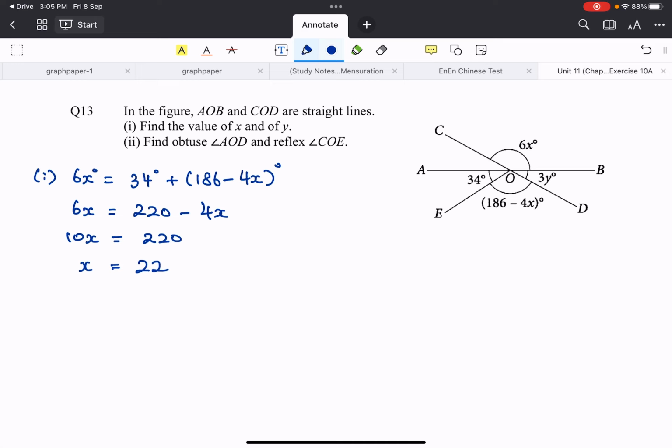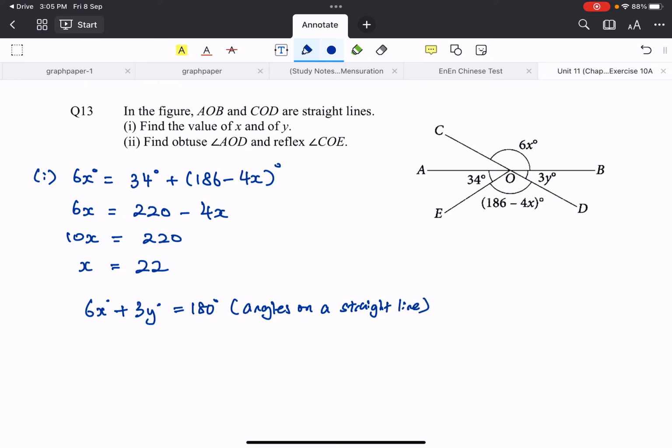Alright, we can see that 3y and 6x, they form a straight line. So we can go 6x plus 3y degrees equals 180 degrees. And the reason, they are angles on a straight line. Right?